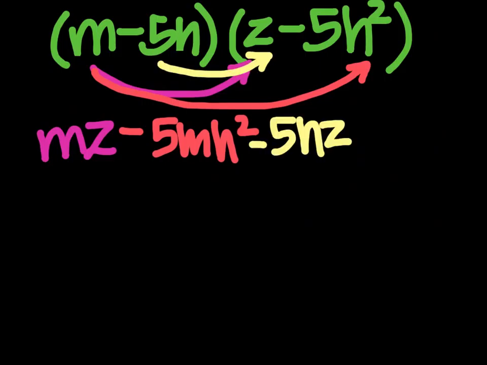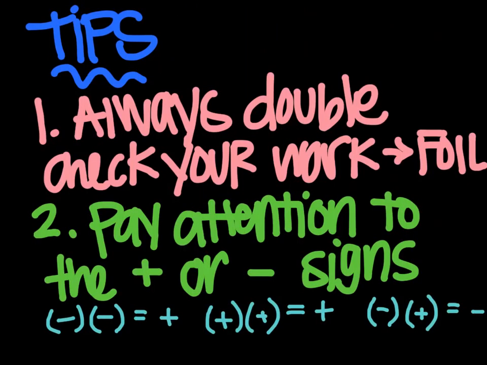Inside, negative 5n times z equals negative 5nz. And last, negative 5n times negative 5h squared equals positive 25nh squared.